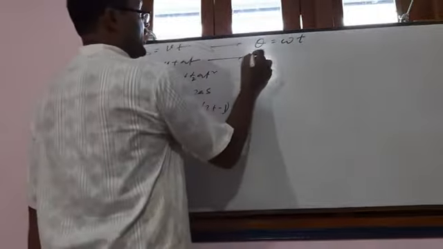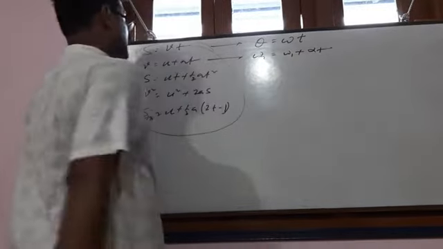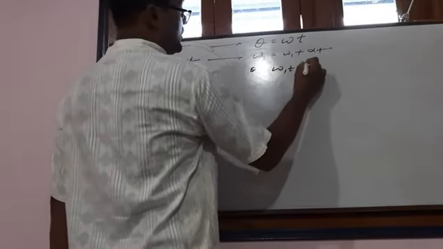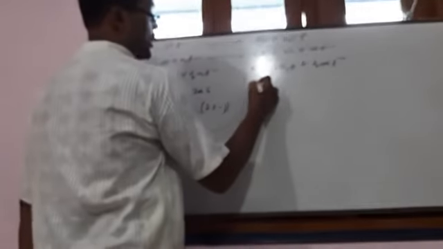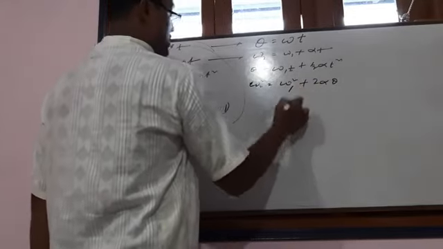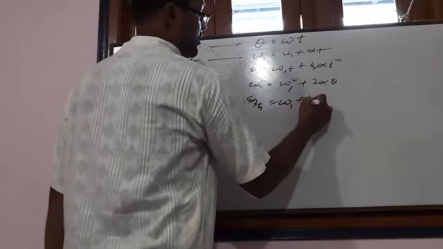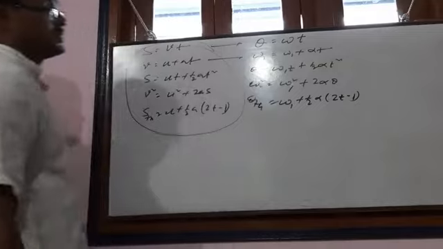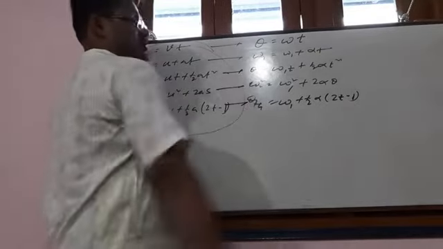Now here we can write omega 2 = omega 1 + alpha t, and theta = omega 1 t + half alpha t square, and here omega 2 square = omega 1 square + 2 alpha theta, and also theta_nth = omega 1 + half alpha into (2n - 1). So these are the equations for circular motion.